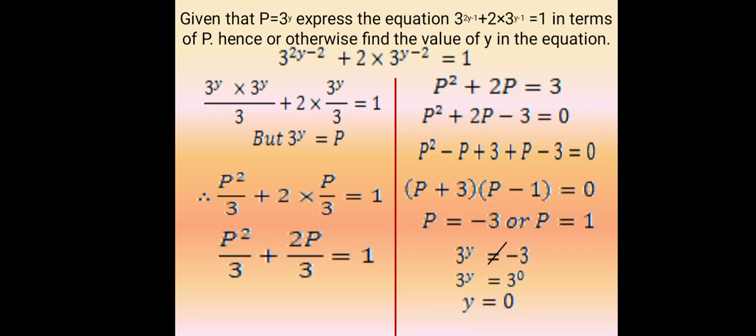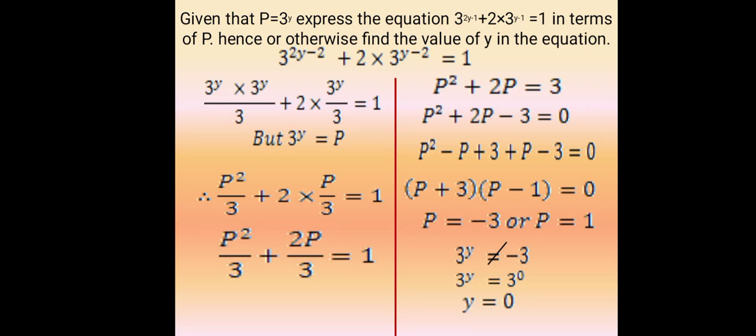Now all this is equal to 1, but we have been told 3^y is p. So our equation becomes p squared divided by 3 plus 2 multiplied by p divided by 3 is equal to 1.